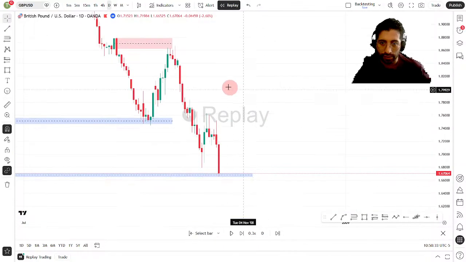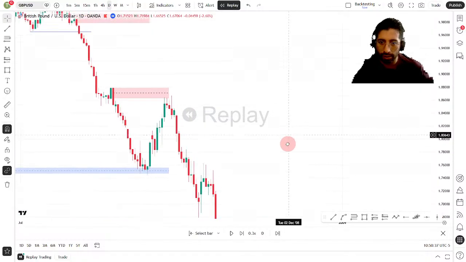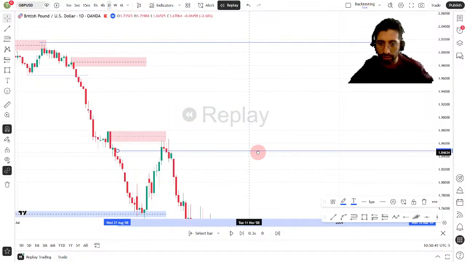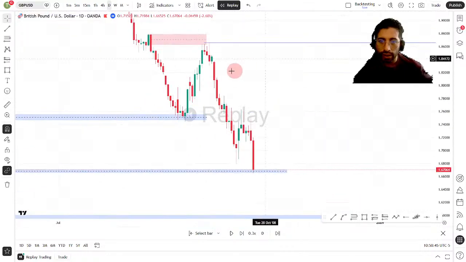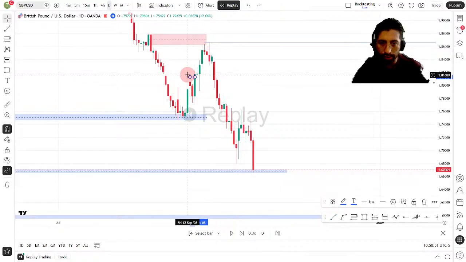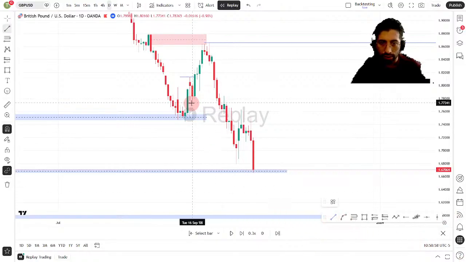So now, as you can see, we can update our strong high, since the price entered this order block right here and we got this confirmation. We can see there is a liquidity grab here, and after this liquidity grab, we have a break of structure with the body of a candle, which is this one. Now we have already successfully updated our strong high.